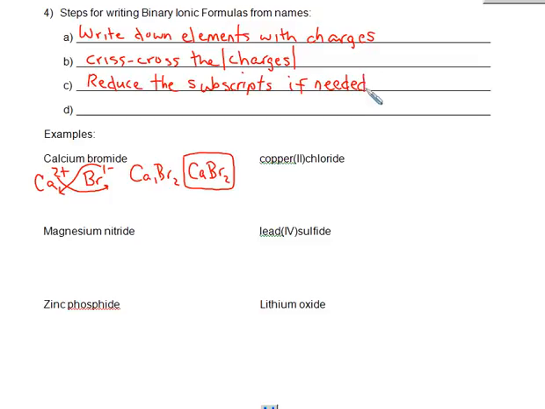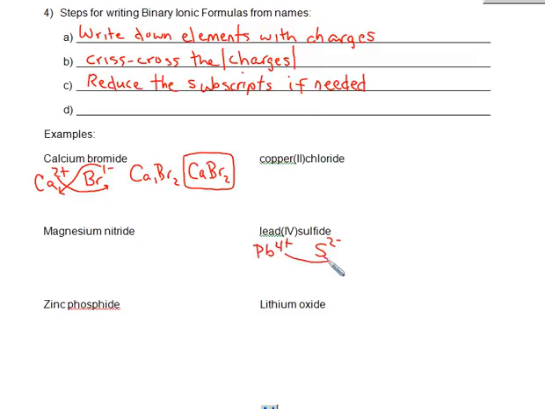So let's take a look at an example here. We're going to look at lead 4 sulfide. The symbol for lead is Pb. The IV means it has a charge of 4+. Sulfide is in the oxygen family, so it has to have a charge of 2-. We're going to crisscross the charges.